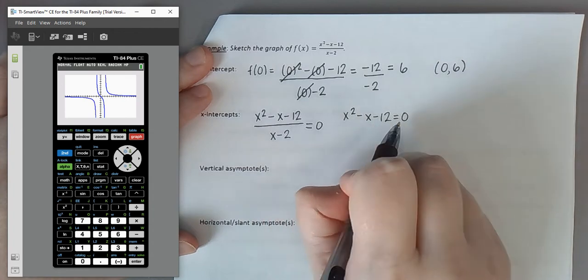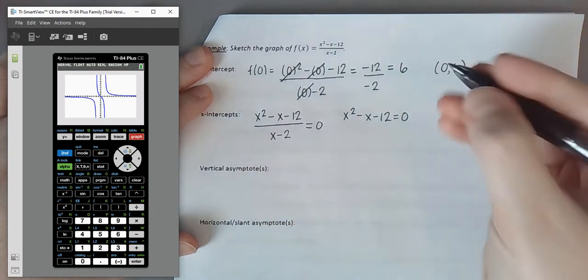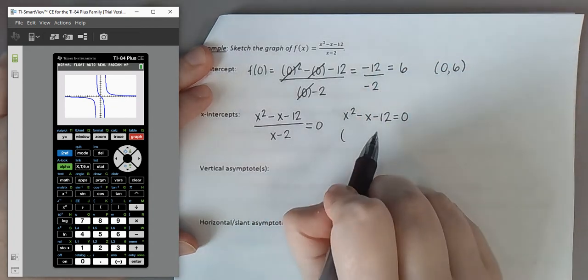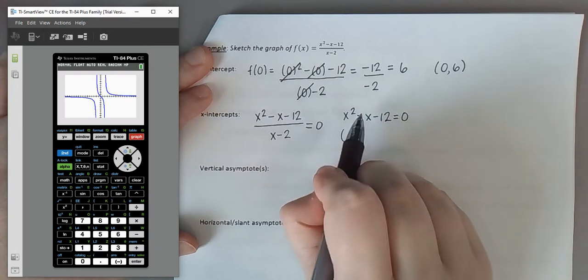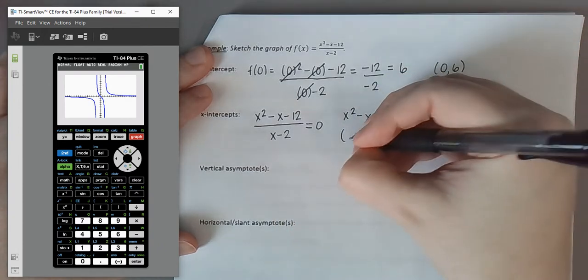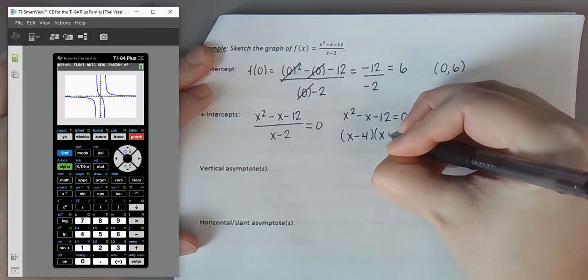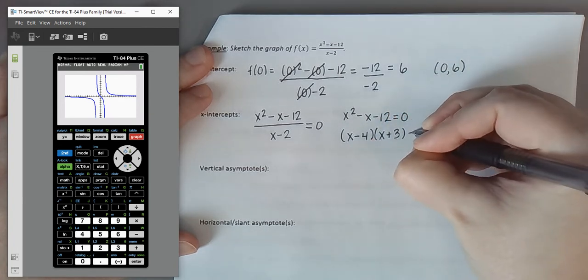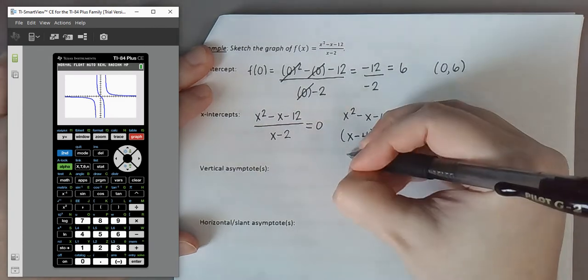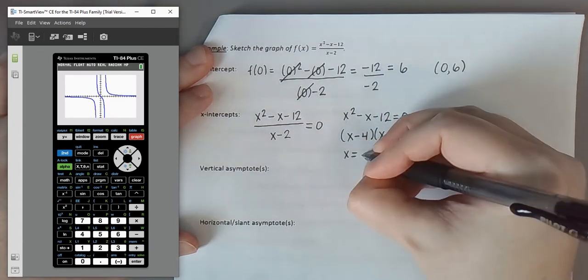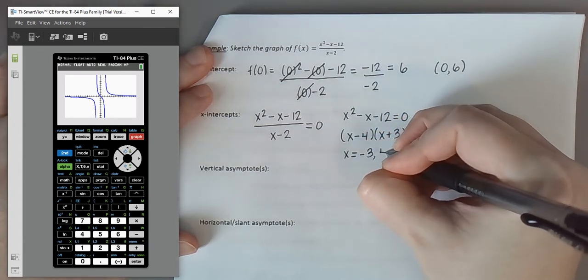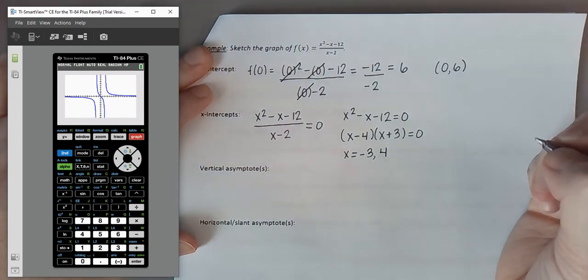Since this is quadratic, we do have to factor it in order to solve. So we want numbers that multiply to give -12 that also add to give -4. So that's going to be -4 and +3. And so when we solve for x, x is going to be -3 and x is going to be +4.